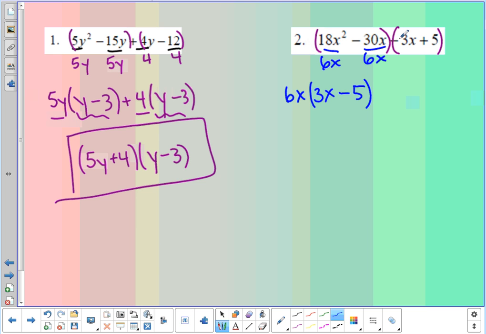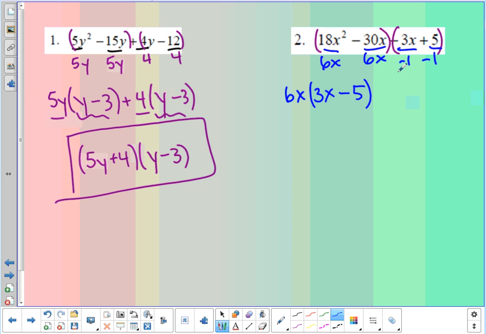Now from the second group, negative 3x plus 5, there's no numbers or variables that I can divide out other than 1. But I know that I want the leftovers to match what's left over here. And here I have a positive 3x and a negative 5. So with my negative 3x plus 5, I know that I need to take out a negative 1, not just a positive 1, because I want this negative 3x to turn into positive 3x, and I want this positive 5 to turn into negative 5.